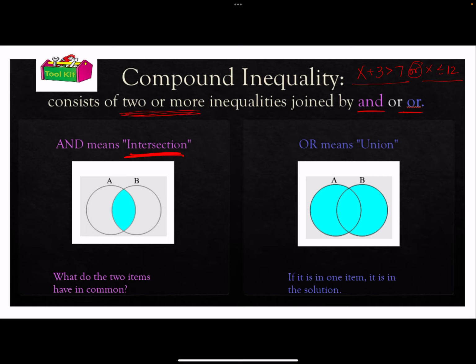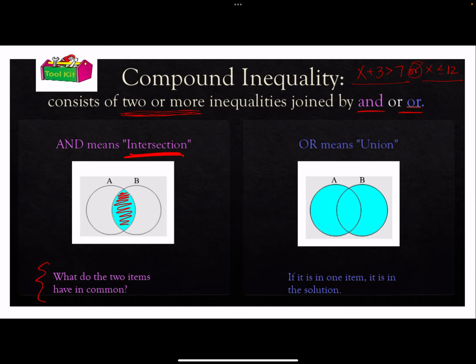If we have event A and event B, I want something that's in the intersection of A and B, this like shaded blue region. So in other words, if I were to say, I want like a hot dog and a hamburger to eat, I want both the hot dog and the hamburger, right? I'm not going to be happy with just one. Or in other words, it's what do they have in common?